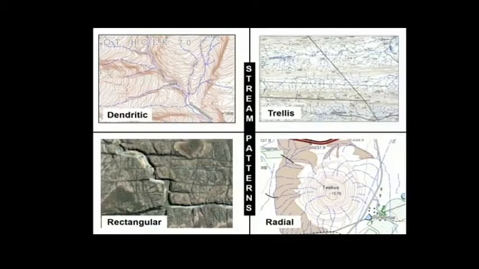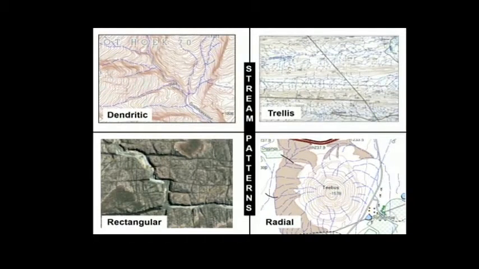A very good question, for instance, if we look at our dendritic stream pattern here, they will ask you, what has caused that stream pattern, or what are the underlying structures? That's actually the words that they use. Then you must know that the rocks here are uniform rocks. At the bottom, you get your uniform rocks.